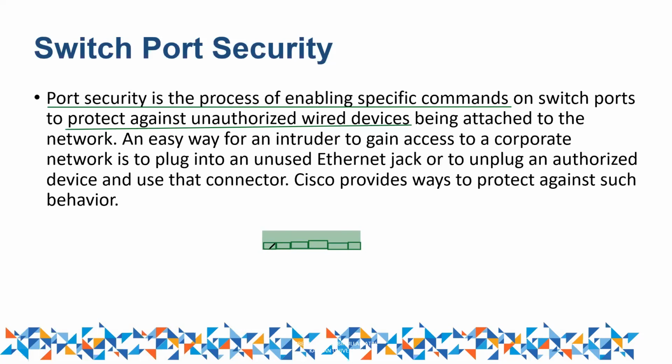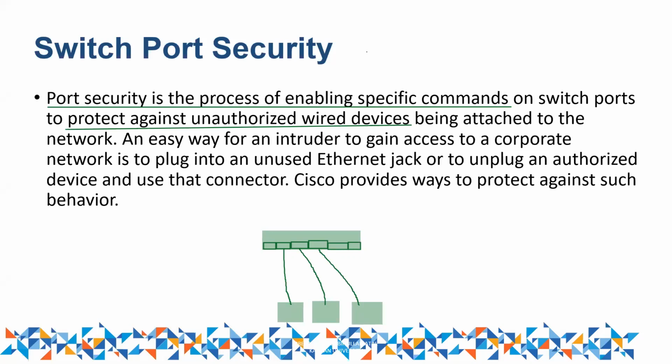By default, whenever any person connects their computer, the switch will let them connect. The switch will not prevent them. For example, these 3 people connect their computers to port number 1, port number 2, 3, and port number 4. So without any problem, they can connect their computers.